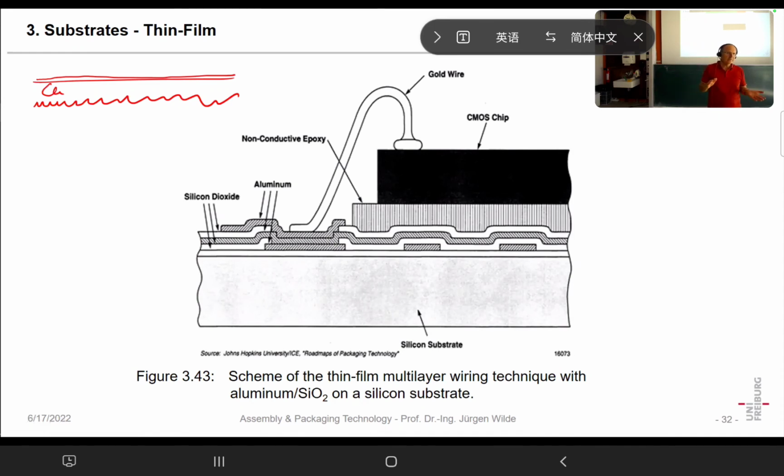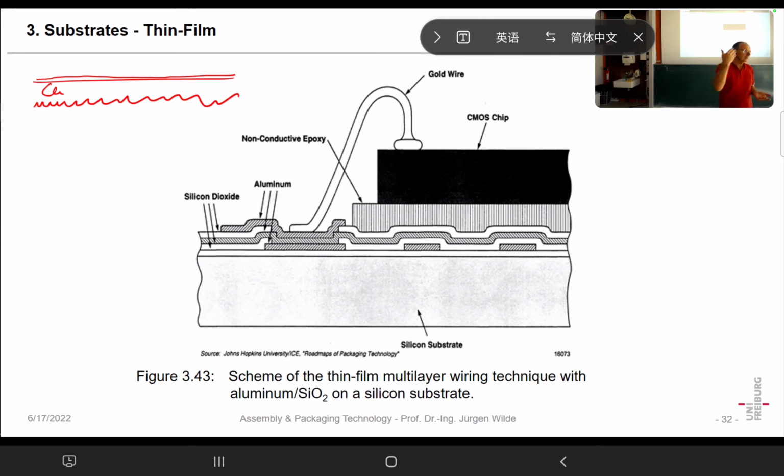Silicon also has the advantage that silicon is very smooth when it is polished. Silicon also has the advantage that it is conducting heat very well, and it has a low CTE.